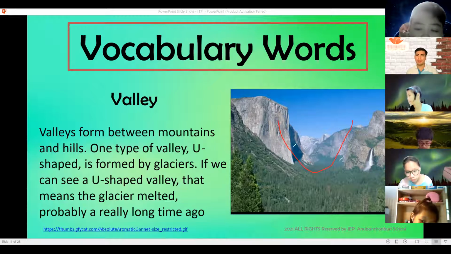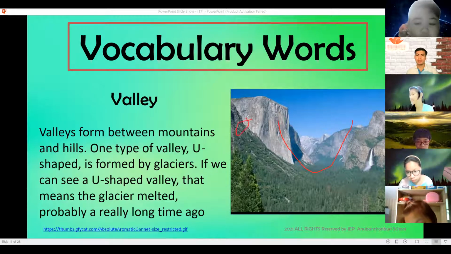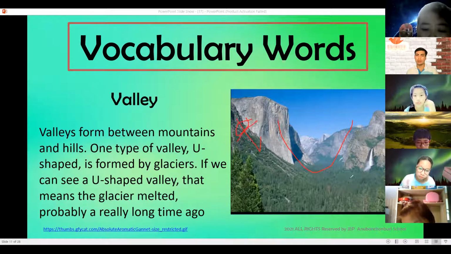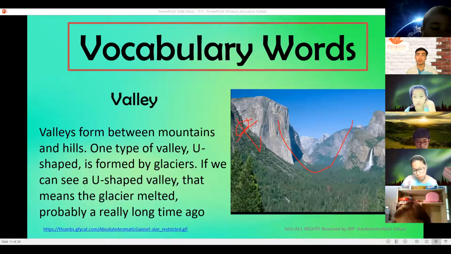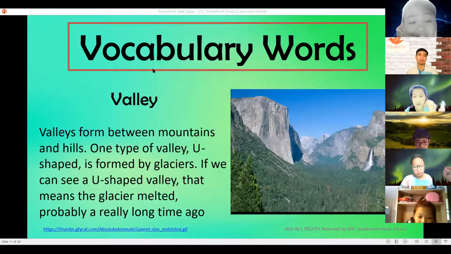Okay, so this is a valley. If you are living in this kind of place, you don't live here, you live here in the valley. This place right here will be a good place for us to live. So that is the U-shaped valley.